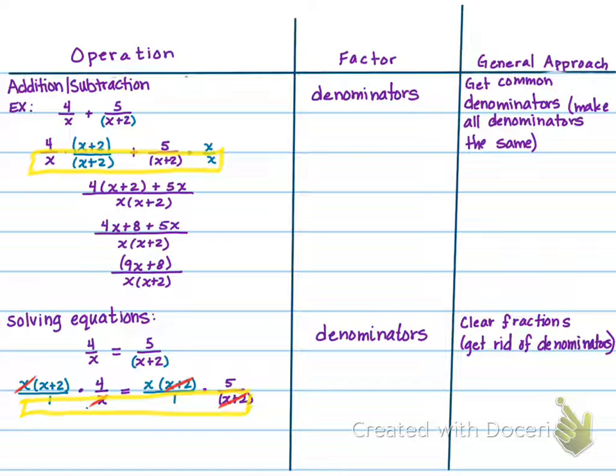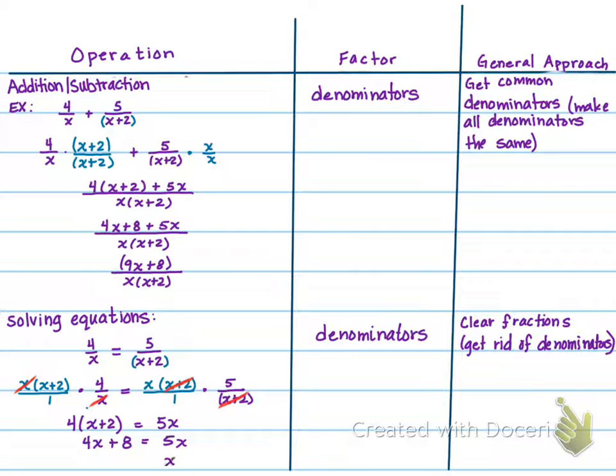And here we have to multiply everything by all the factors in the LCM, whereas here we're just multiplying by whatever factors we're missing on both the top and the bottom, so that we can get the same factors in both denominators. So then this would give me 4 times x plus 2 equals 5x. So 4x plus 8 equals 5x, which gives me x equals 8.